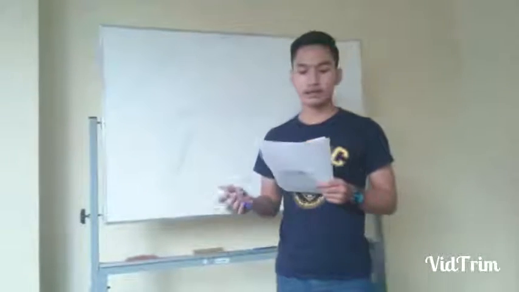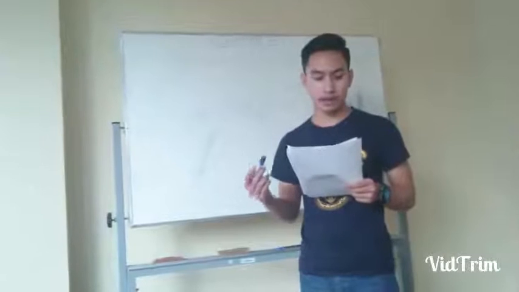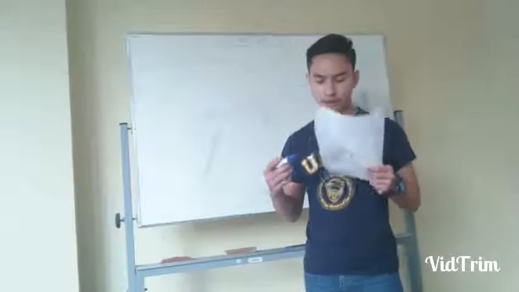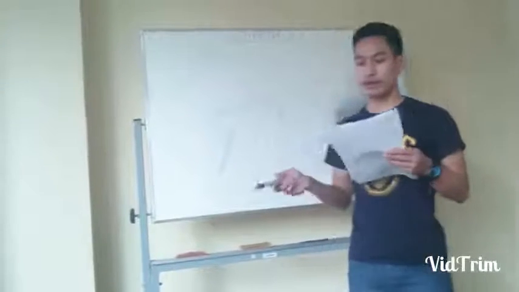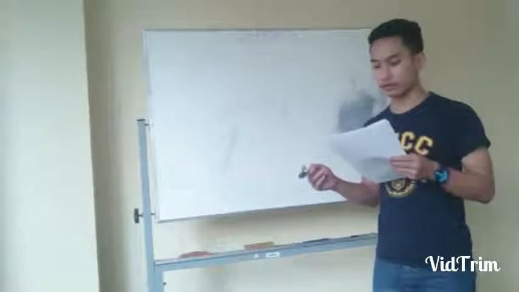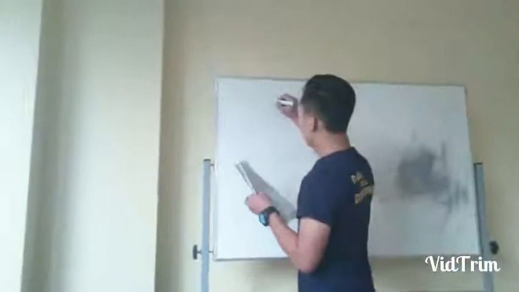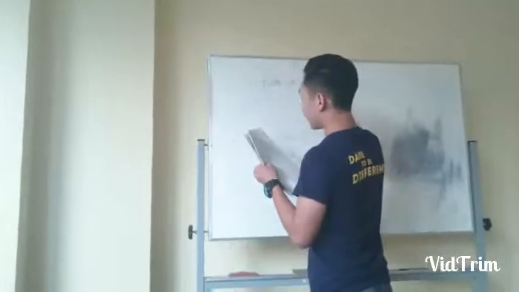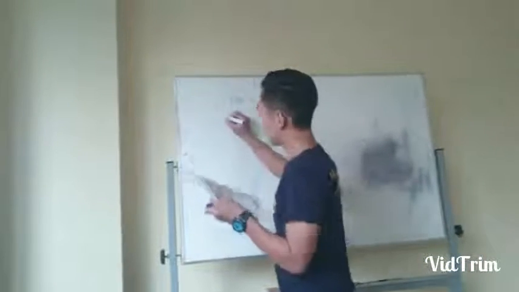What is the difference in the formula of the variance and standard deviation calculated for a sample and for a population? For a sample, you need to remember the formula.